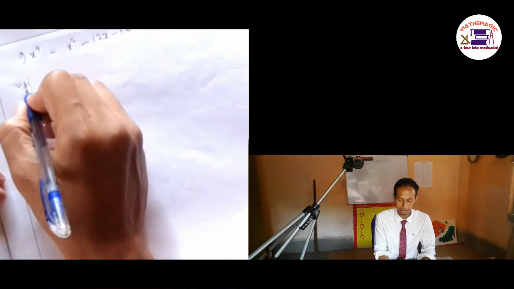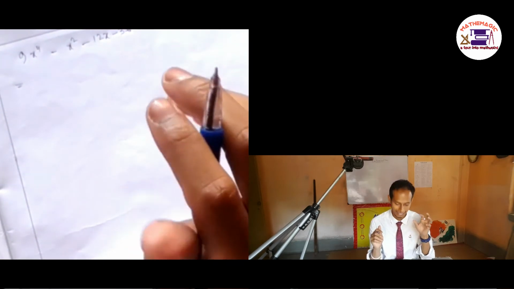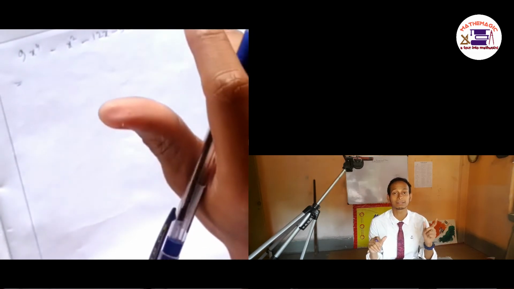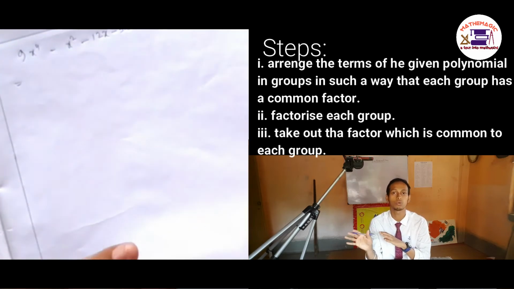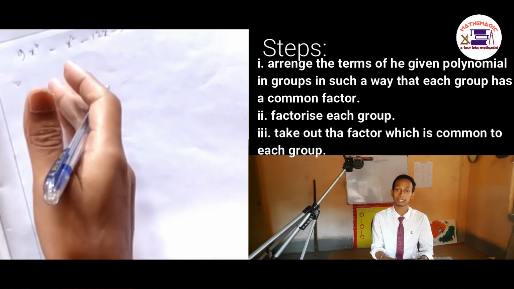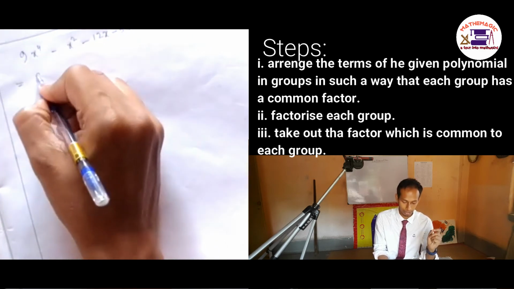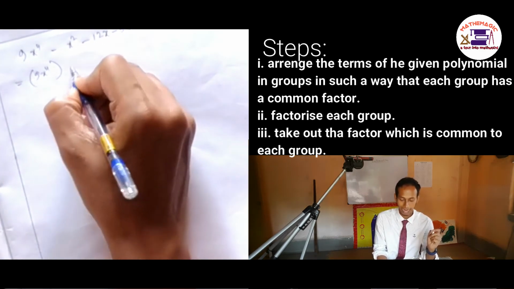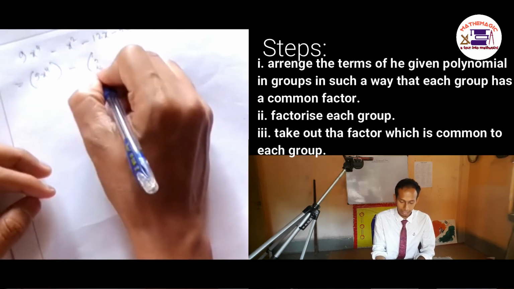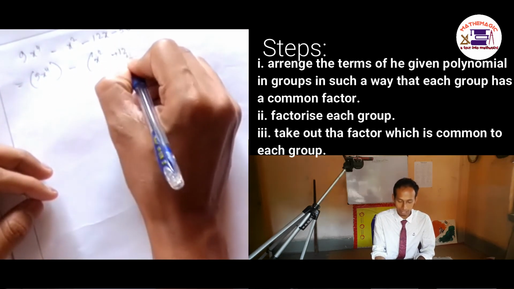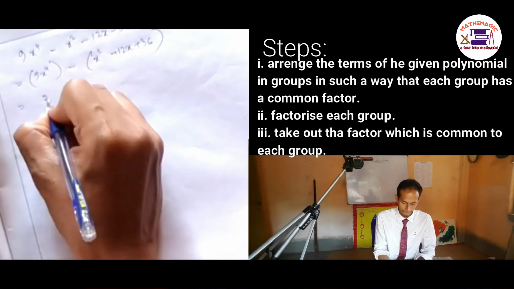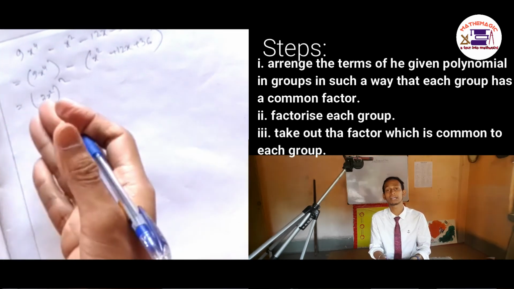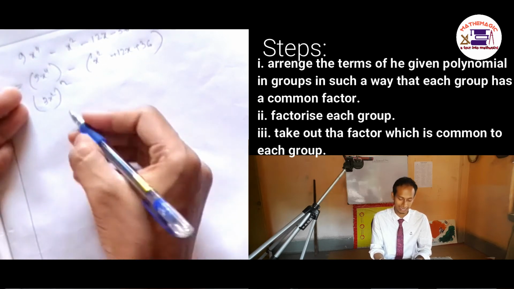Here, if I group this, as I was telling you, if there are 4 terms, it doesn't mean that the first and second are in one group and the last 2 are in another group. Here the case is that the first single term will be in one group and the last 3 are in the second group. So for the first term, I hope you have understood how I have written that.